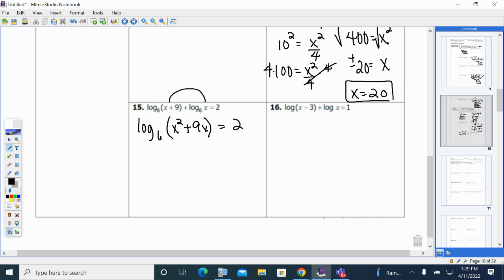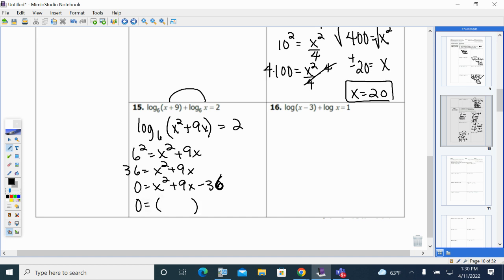Then we're going to change it to exponent form. 6 squared is equal to x squared plus 9x. 6 squared is 36. And then we want to subtract the 36. You want to make sure that you're doing that because you do have a quadratic that you need to solve through factoring or quadratic formula. So I'm going to factor this.